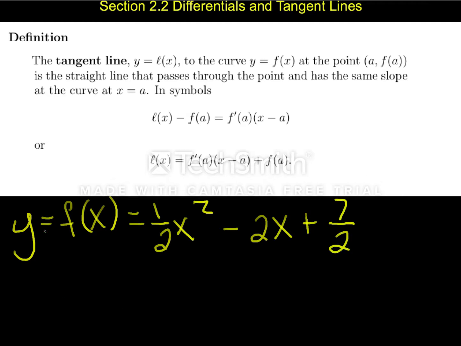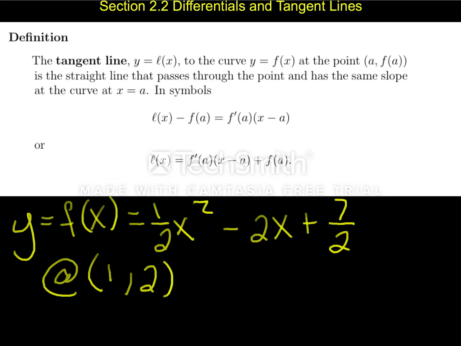So this is our curve. It's a parabola. And we want to know the equation of the tangent line at a given point. So let's say at the point 1, comma 2.